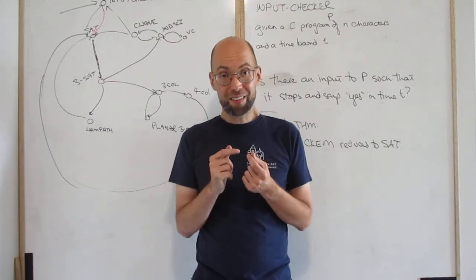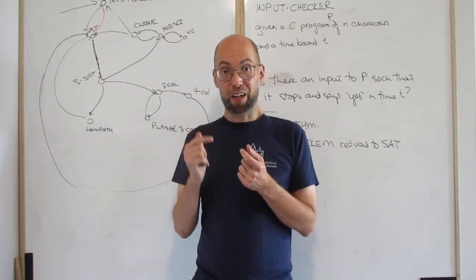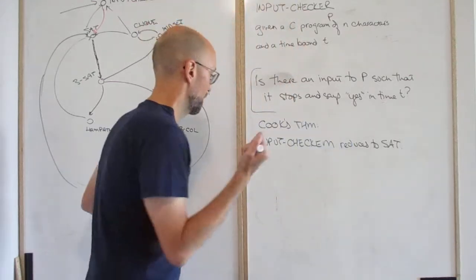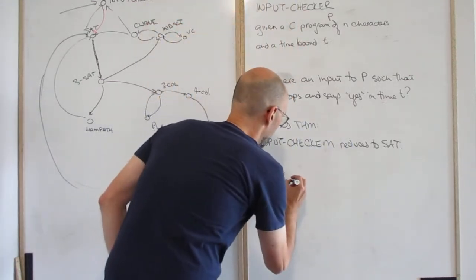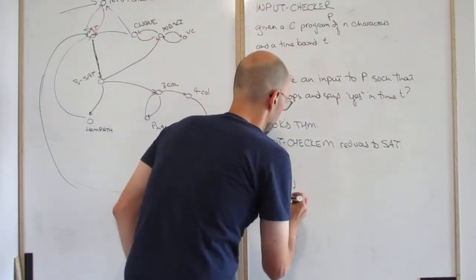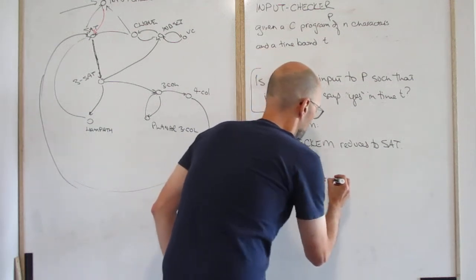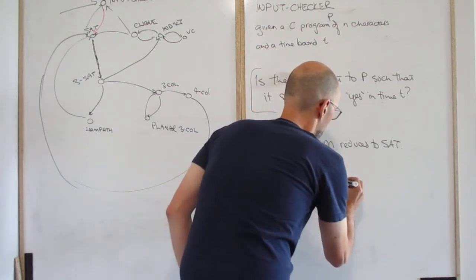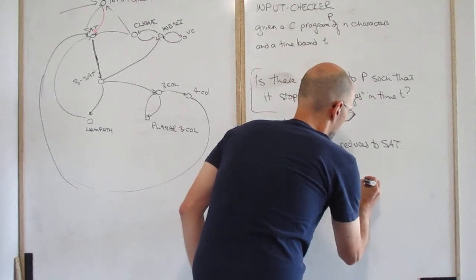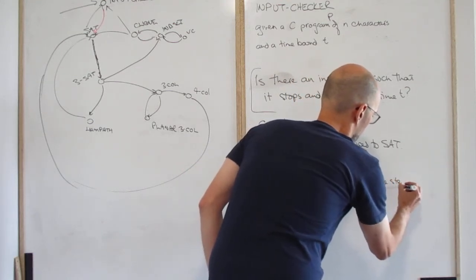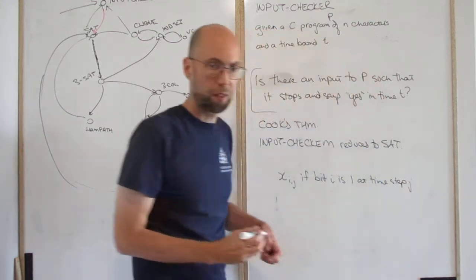For every bit in the memory and for every time step, you're going to have a variable x_ij, true if bit i is 1 at time step j. Okay?